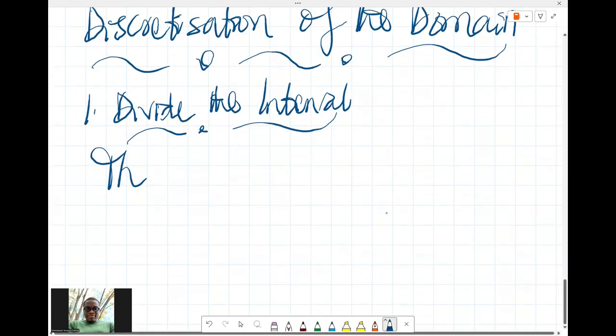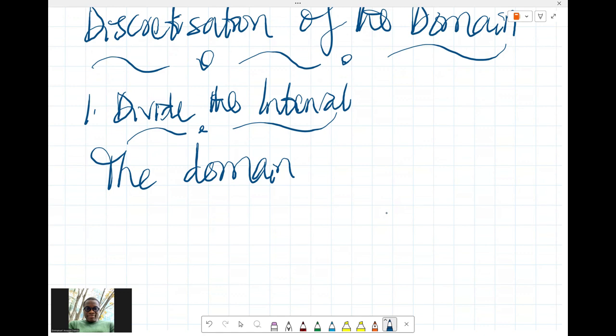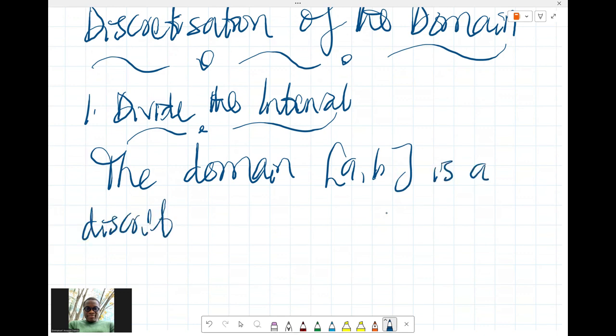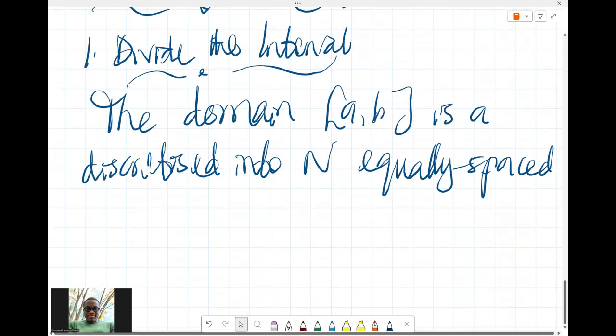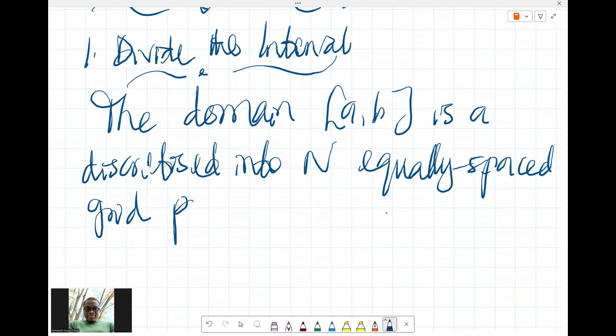The domain [a, b] is discretized into n equally spaced grid points.